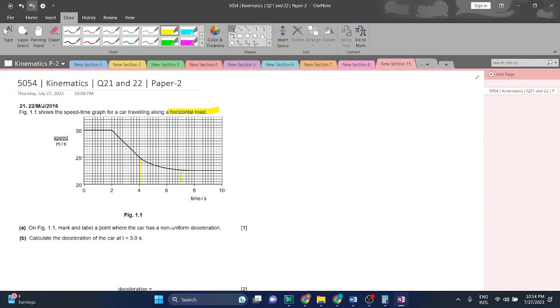Calculate the deceleration of the car at time t equals 3 seconds. At t equals 3 seconds, let's see what the deceleration is here.